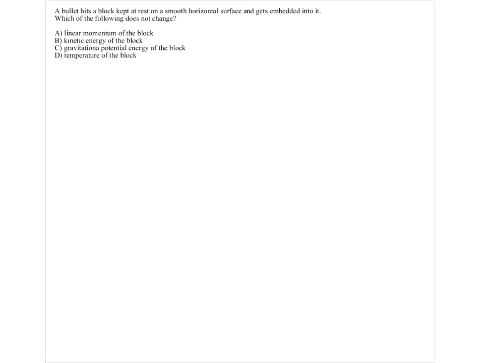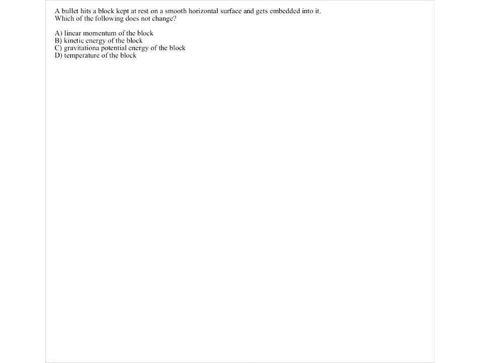Only one option is correct. That's good. Now, when the bullet hits the block, then block will acquire some speed.